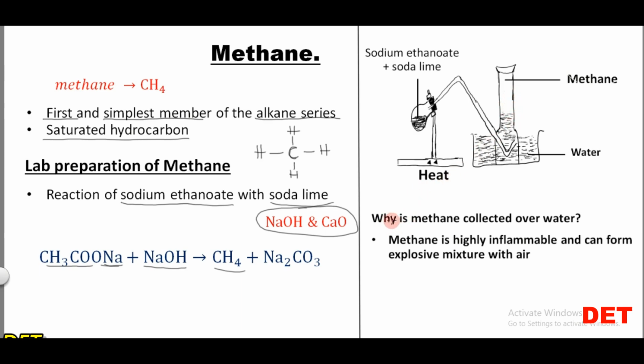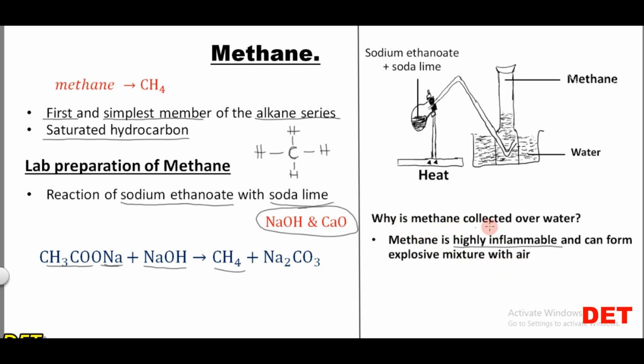So why is methane collected over water? You can see this water here. The reason why methane is collected over water is that methane is highly inflammable. What that means is that methane can easily catch fire and burn in air, and can form an explosive mixture with air.